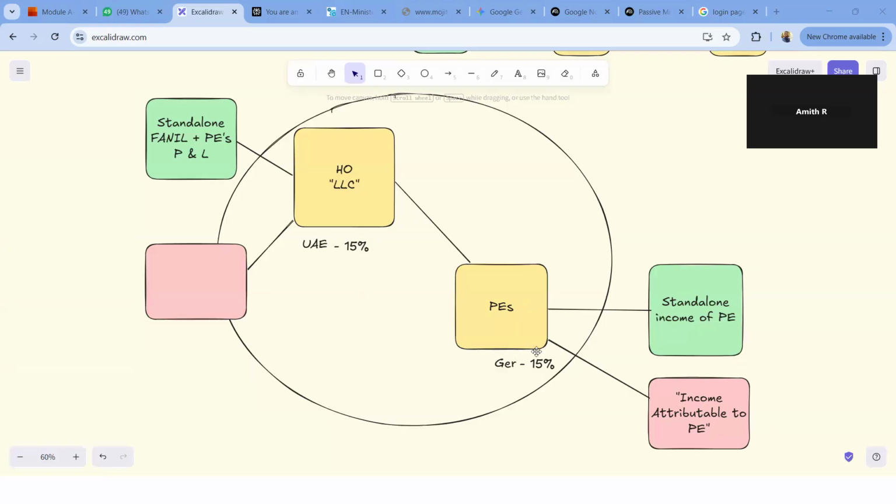So we have to do what we call a functional and factual approach. Functionally, who is earning that income? If it is PE, then that income has to be attributable to PE.